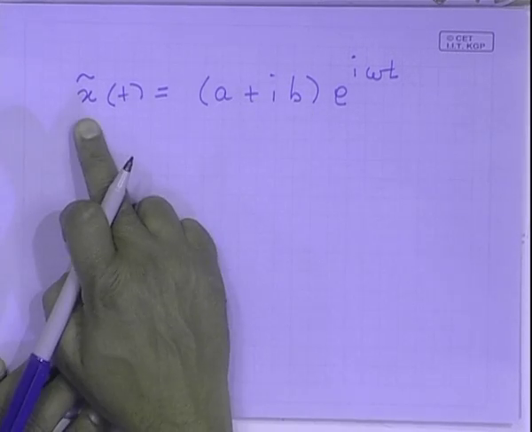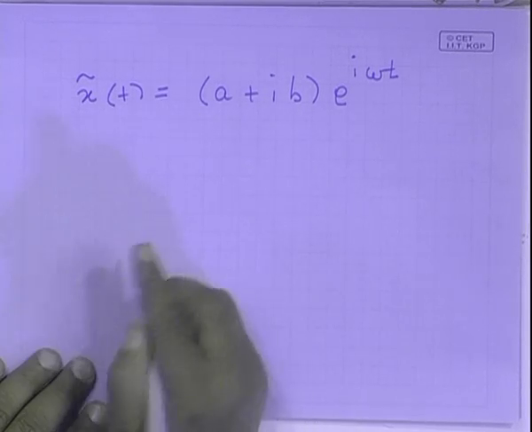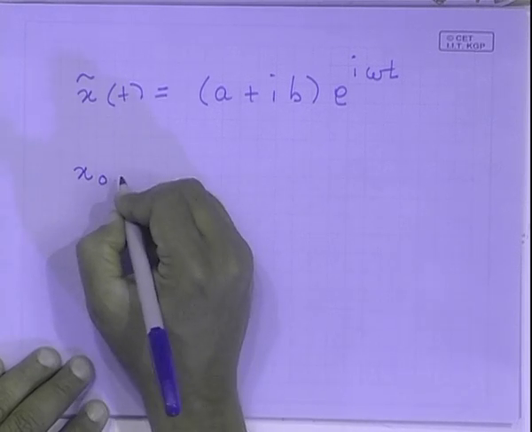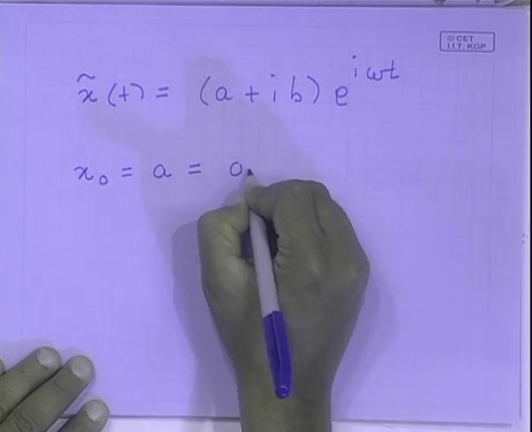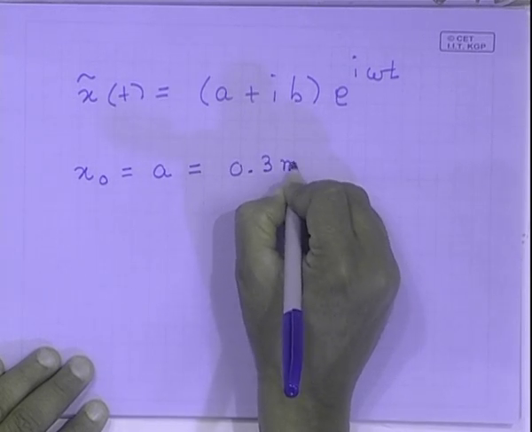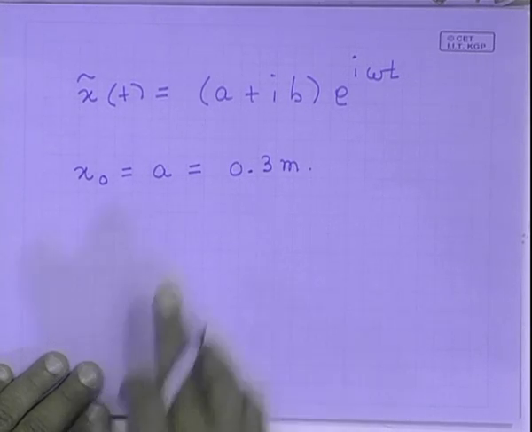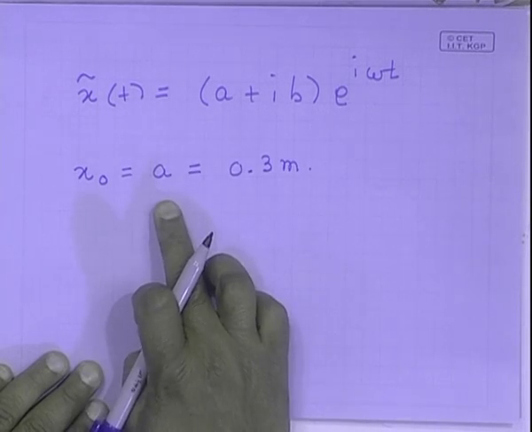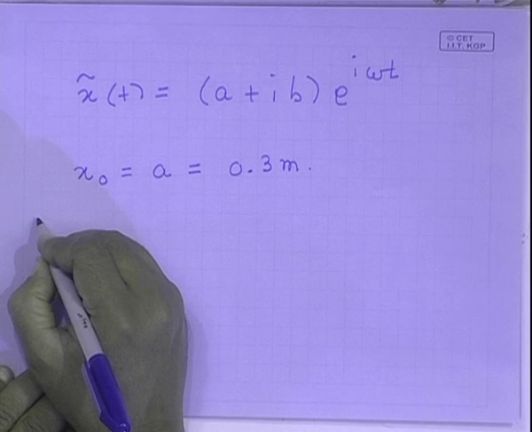We are supposed to take only the real part, so x at t equal to 0 is A. So, we can straight away say that x naught, the initial value of x, is equal to A, and we are given that this is equal to 0.3 meters. So, the initial position determines the real part of the complex amplitude, namely A, and we have a value 0.3 meters. It is exactly equal to the real part of the complex amplitude.